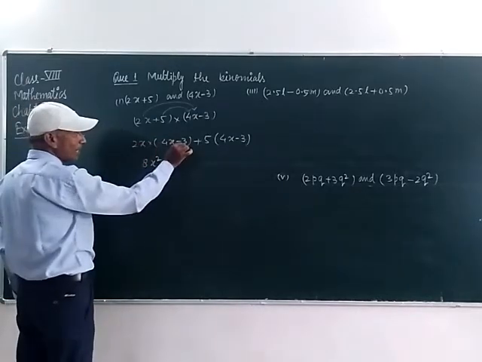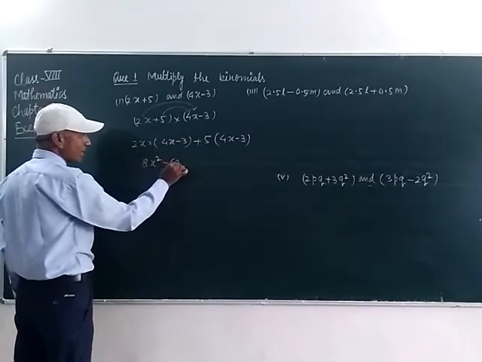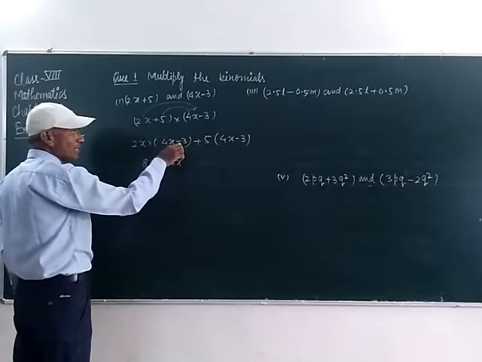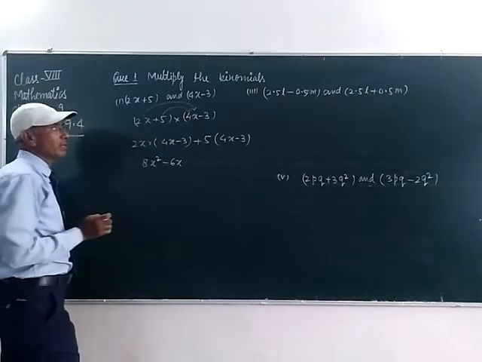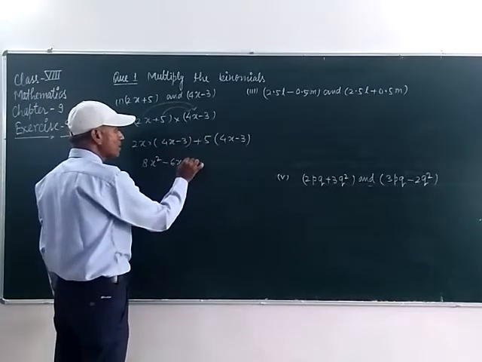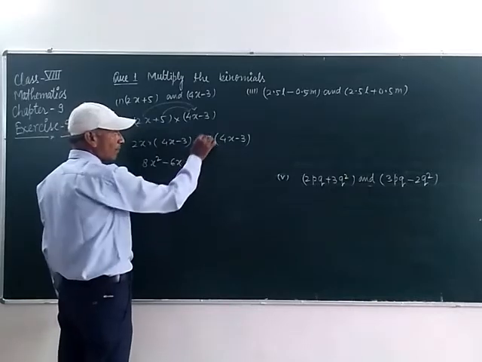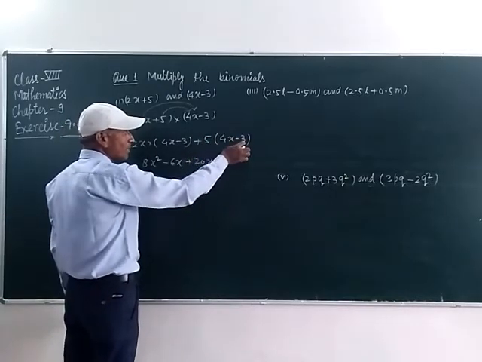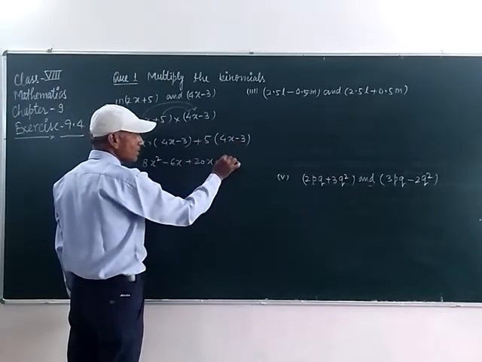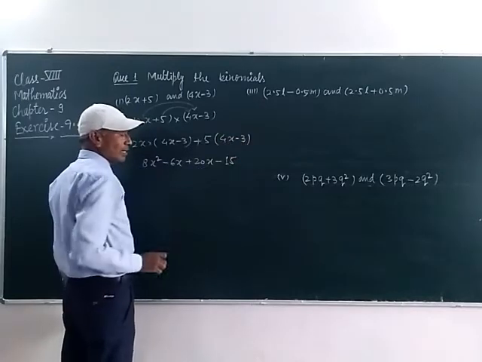And 2x multiplied by this 3 it will be minus 6x, because this one is negative sign, so we have to put minus here. Clear? Now plus 5 multiplied by this 4x, 5 4s are 20x and 5 3s are 15, this one minus 15 because it is negative.